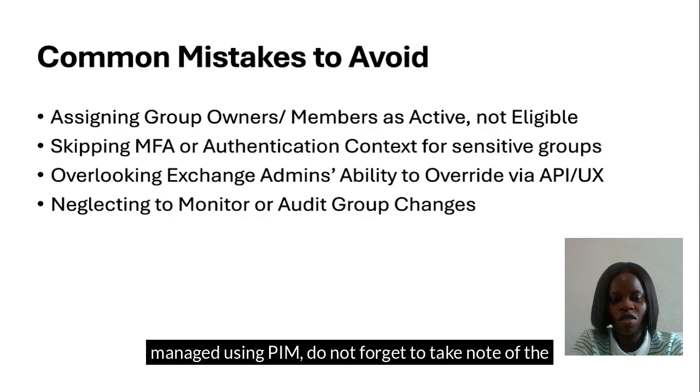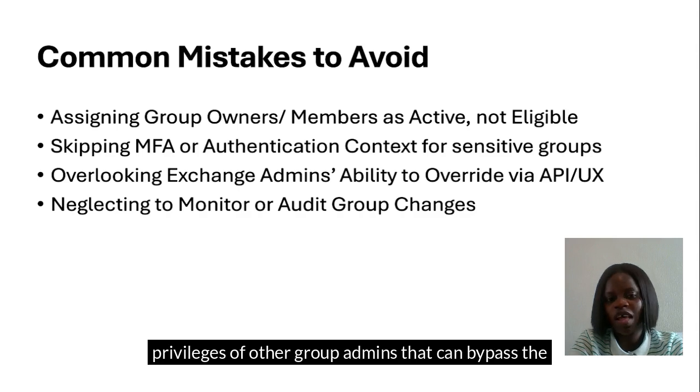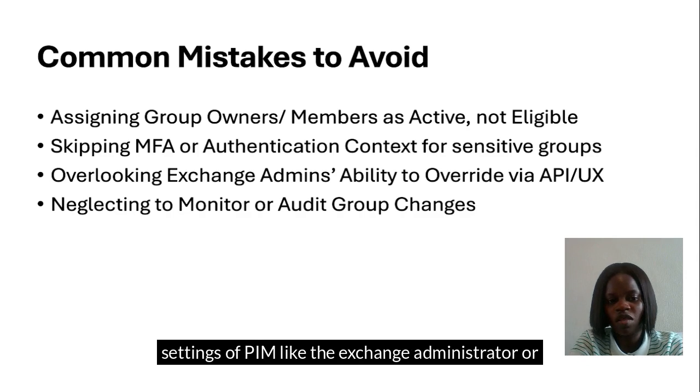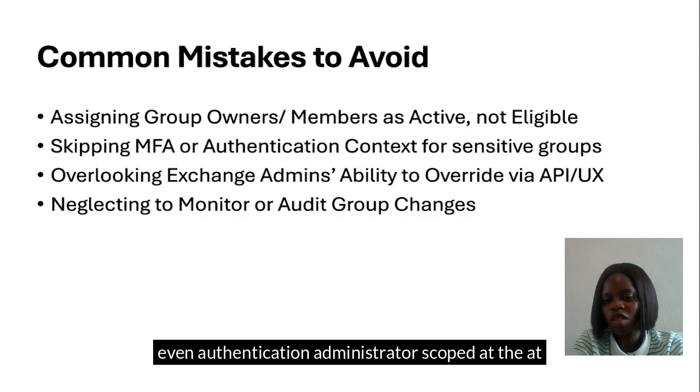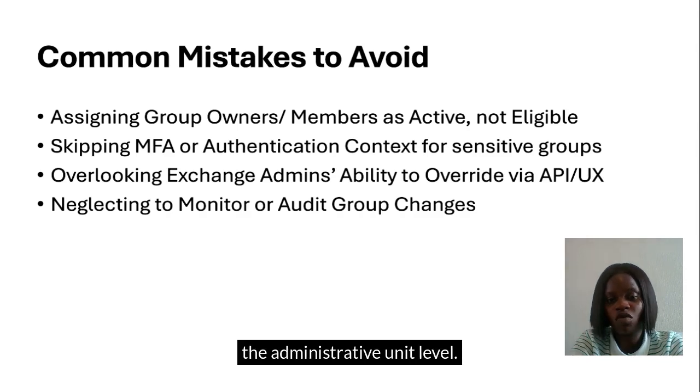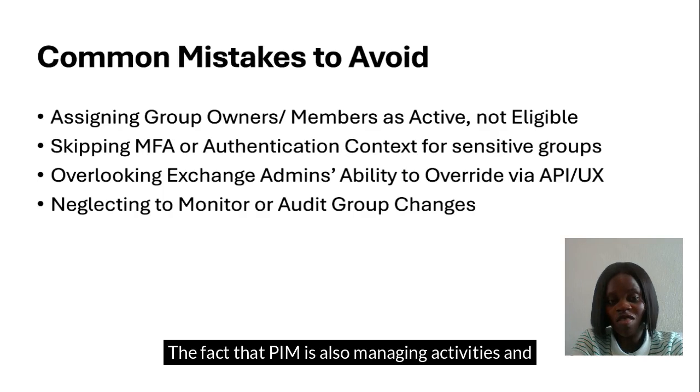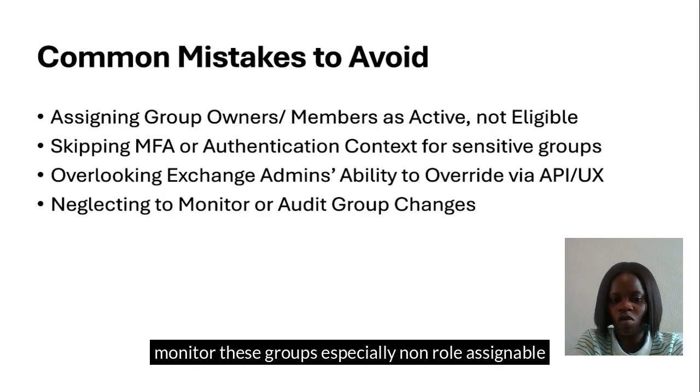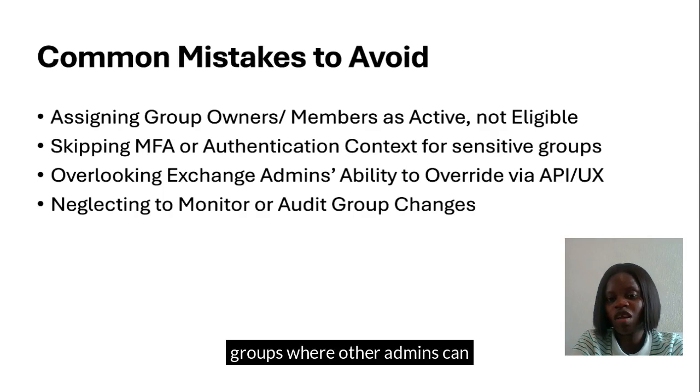Do not forget to take note of the privileges of other group admins that can bypass the settings of PIM, like the exchange administrator or even authentication administrators scoped at the administrative unit level. The fact that PIM is also managing activities and visibility of roles and resources in your tenant does not mean you have to overlook monitoring as well. Check the audit logs for group changes to be able to monitor these groups, especially non-role assignable groups where other admins can bypass the settings of PIM.